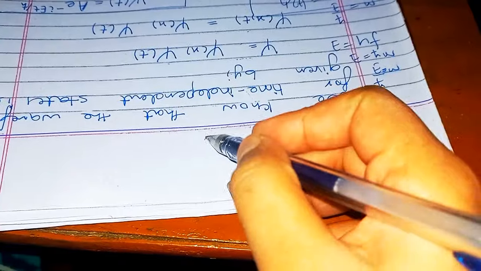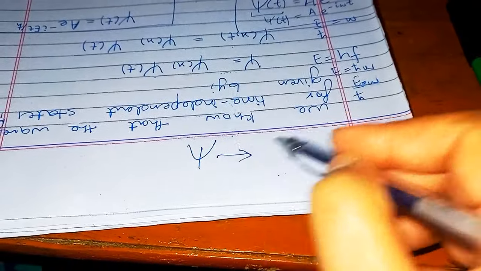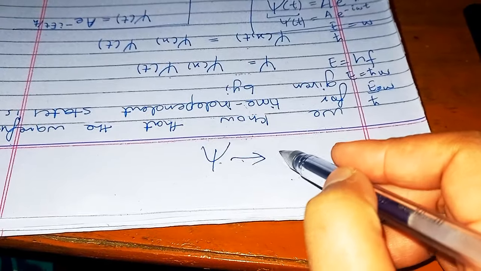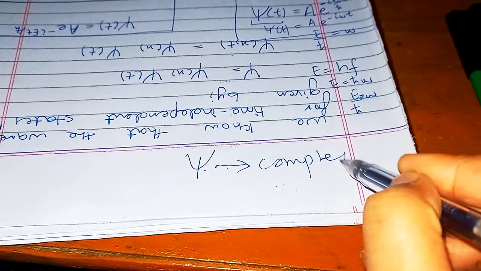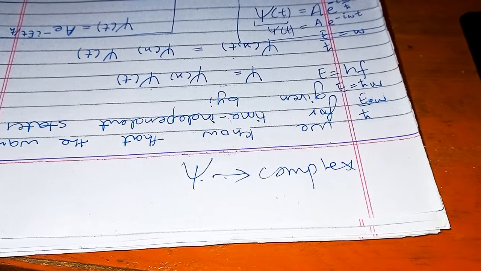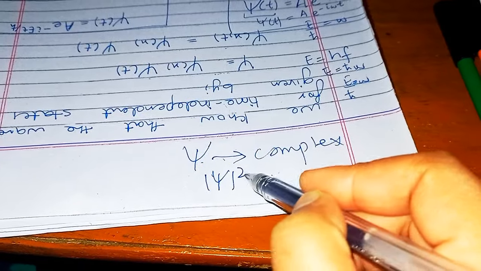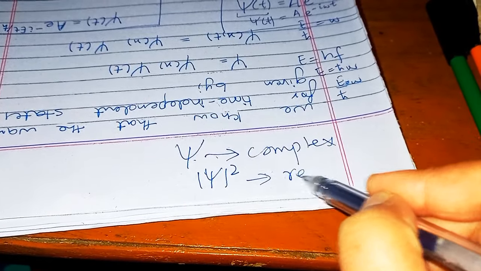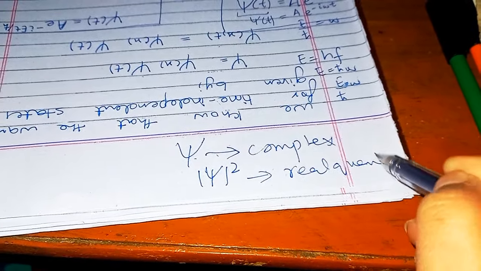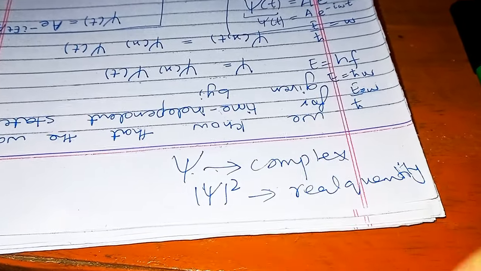We'll prove it later, and we have also seen in the fundamentals of quantum mechanics that psi itself is complex, and a complex quantity cannot represent realities. While psi square always represents a real quantity, it is something that actually represents the system.